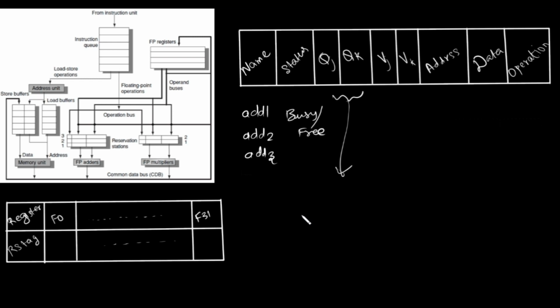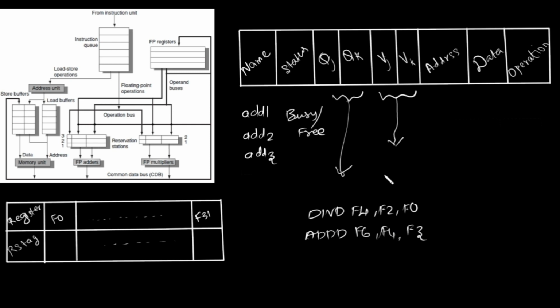Before going to QJ and QK, we'll see what VJ and VK are, then we can understand QJ and QK. Let's take the previous example itself: div D F4, F2, F0, and add D F6, F4, F3. For this add instruction, we have to fill this reservation slot.